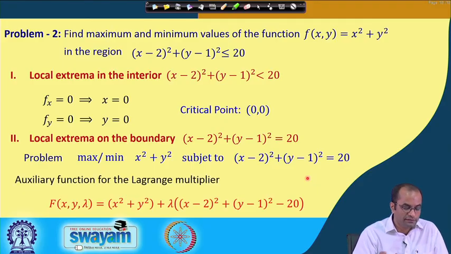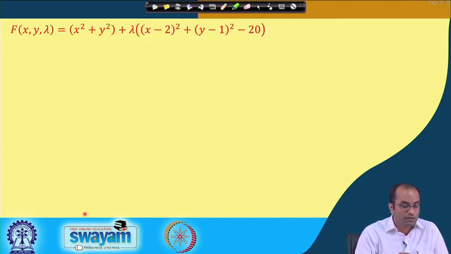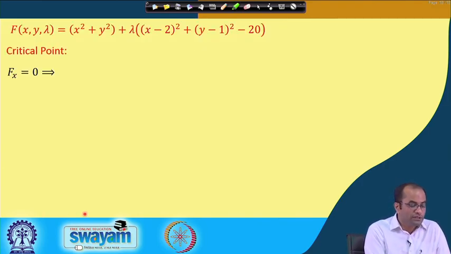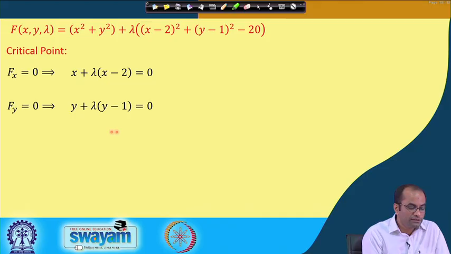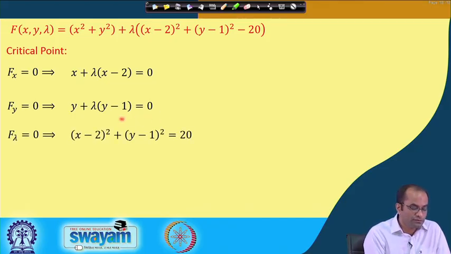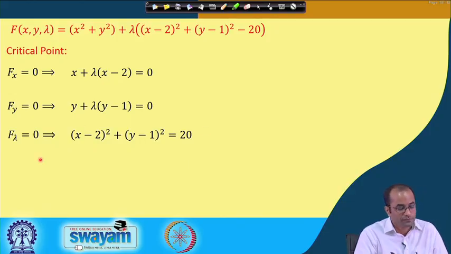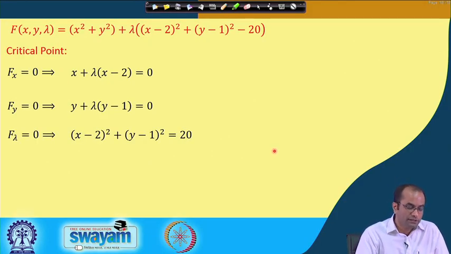So, we will define this auxiliary function as usual by putting the lambda in front of this constraint there, and find all the critical points by differentiating with respect to x, y and lambda partially. So, by differentiating, f x is equal to 0, we will get this equation, f y is equal to 0, we will get this equation, and f lambda is equal to 0, we will get this equation. So, out of these three equations we have to find all the critical points.